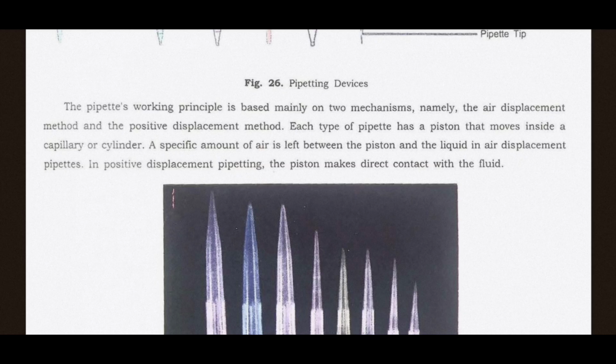A specific amount of air is left between the piston and the liquid in air displacement pipettes. In positive displacement pipetting, the piston makes direct contact with the fluid. Pipette tips.